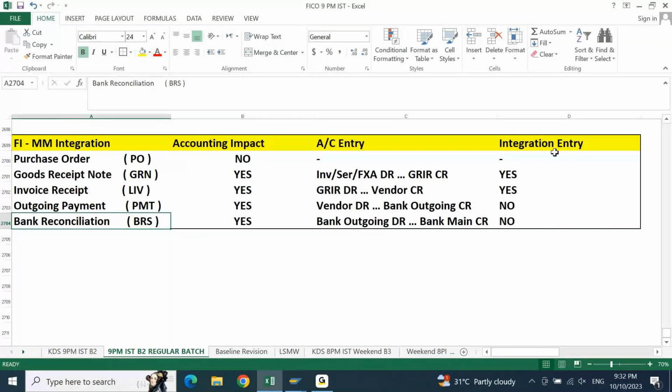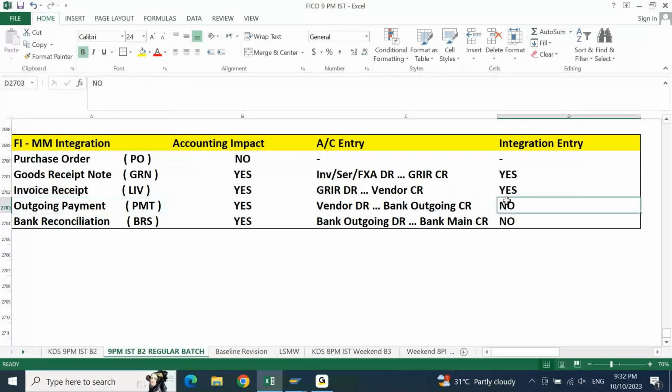Okay. Now the last point is very important. Last point I am writing whether this is integration entry. If you see this purchase order, there is no accounting entry, so no need to specify whether this is integration entry or not. GRN, yes, this is an integration entry. Invoice receipt, yes, this is an integration entry.